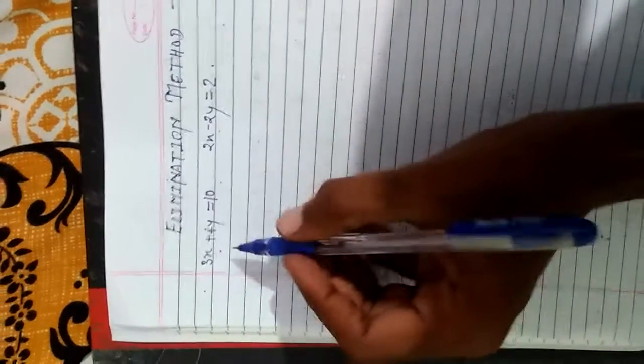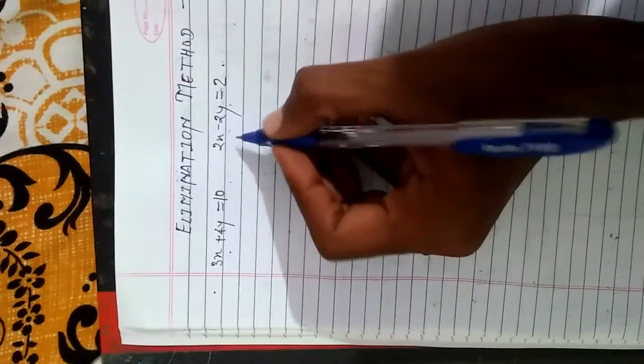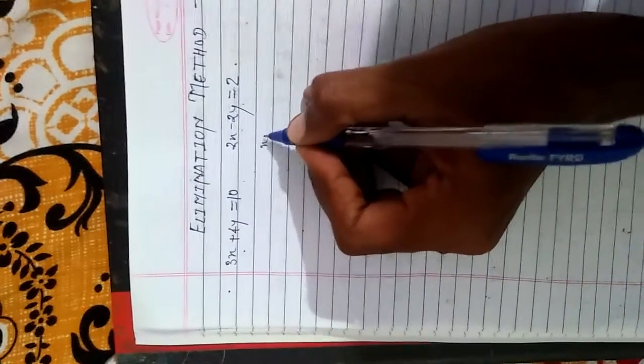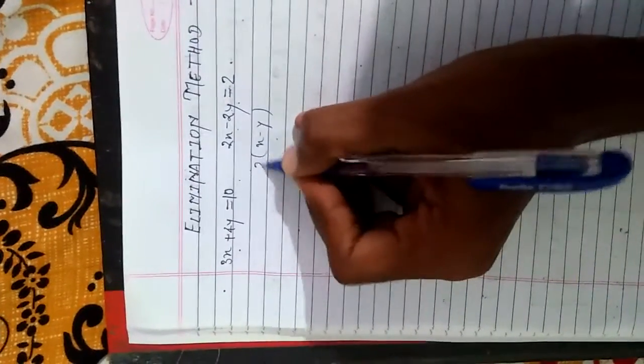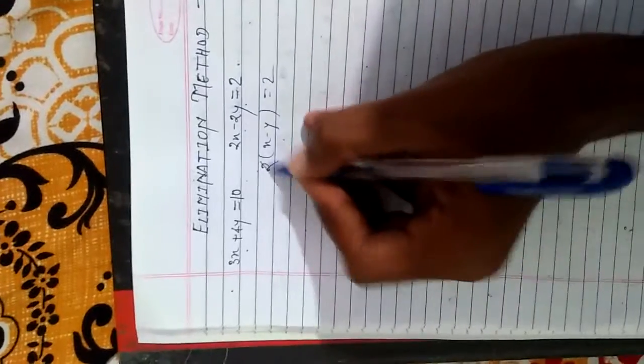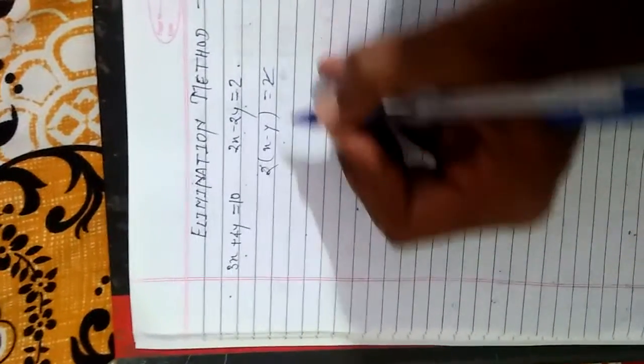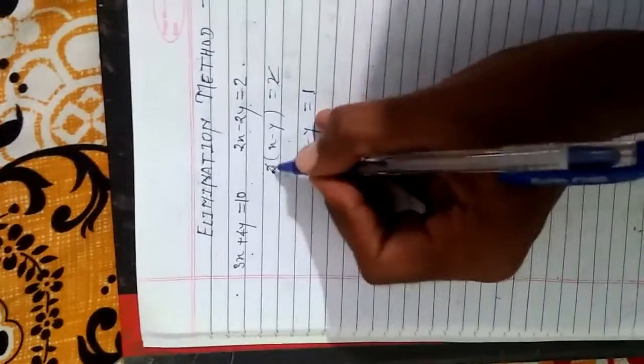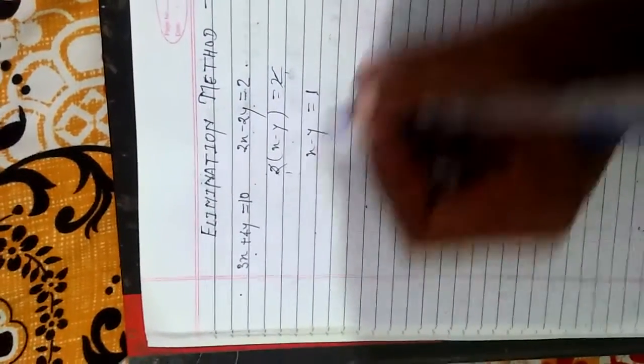Okay, so first we have to simplify this, so we can take 2 common here, so x minus y, 2 equals 2, so this 2 and 2 cancel. So x minus y equals 1, 2 ones are 2, 2 ones are 2. Okay, so now this is your new equation, so let's say this is equation number 1 and this is equation number 2.